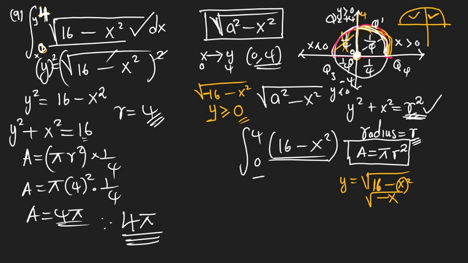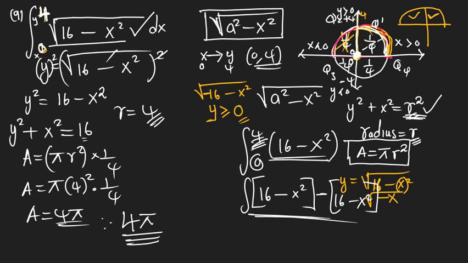Then whatever value you find, put it in this integral, you calculate the value. Then you say minus whatever you find when you put the other value inside the same integral again. And that's how you solve. But whenever you have this property here, take note, use circle geometry.